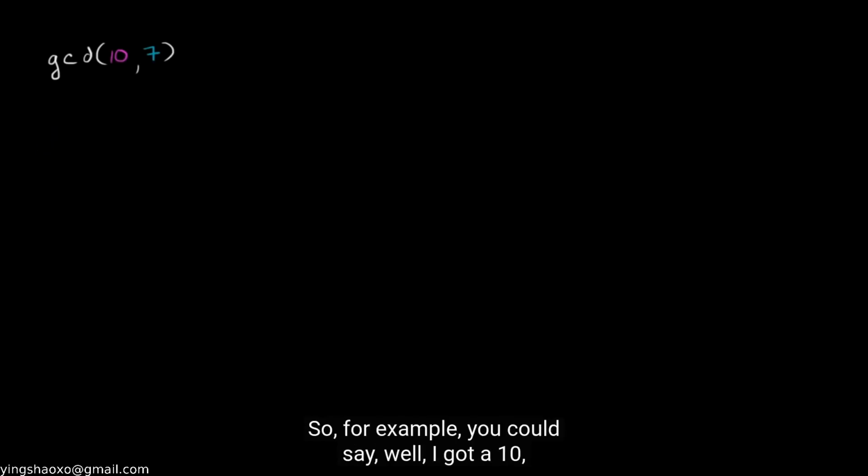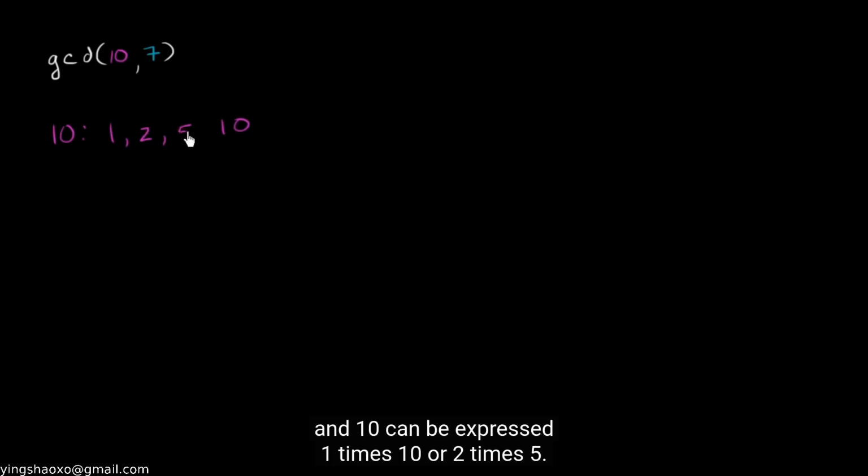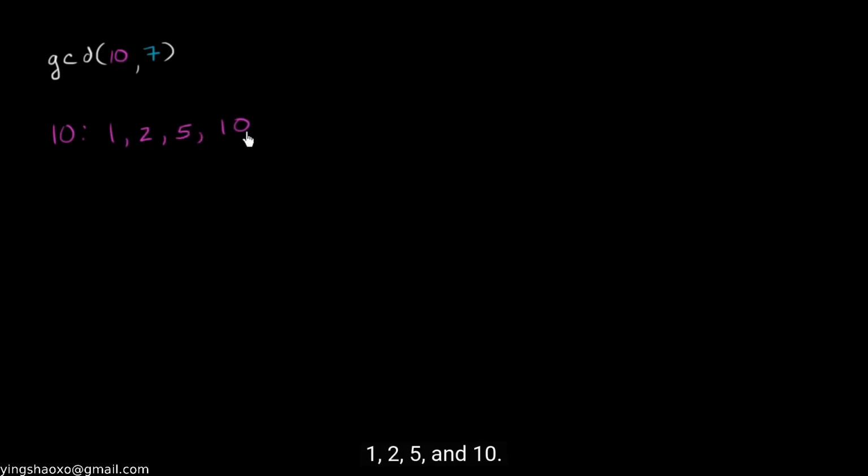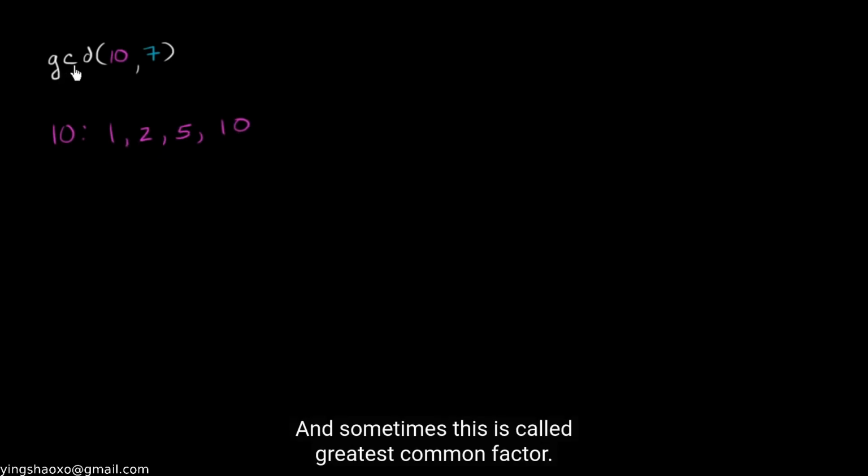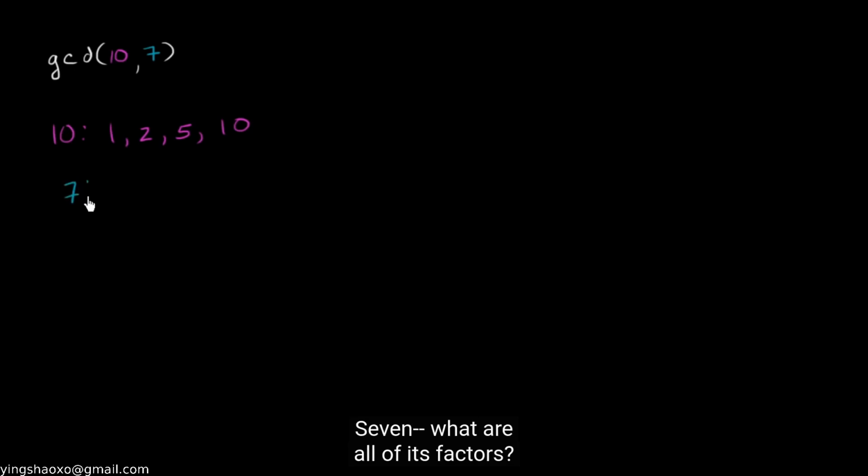Or what is the largest factor of both. So for example, you could say, well, I got a 10, and 10 can be expressed as 1 times 10, or 2 times 5. 1, 2, 5, and 10, these are all factors of 10. These are all, we could say, divisors of 10. And sometimes this is called greatest common factor. 7, what are all of its factors?